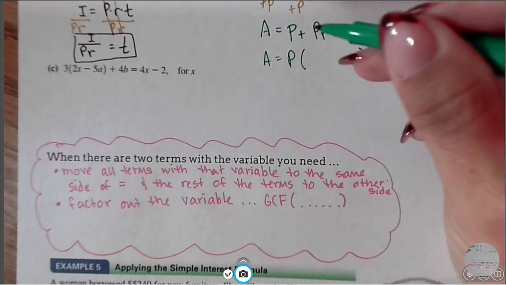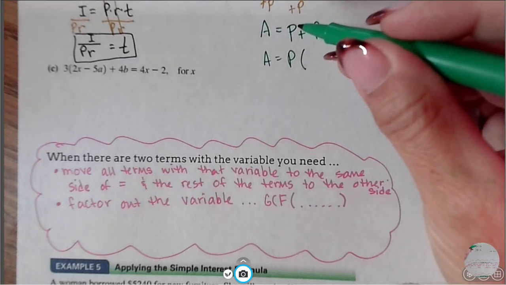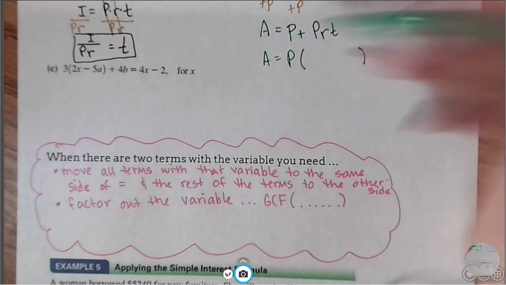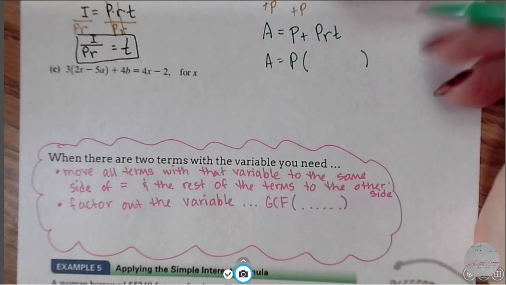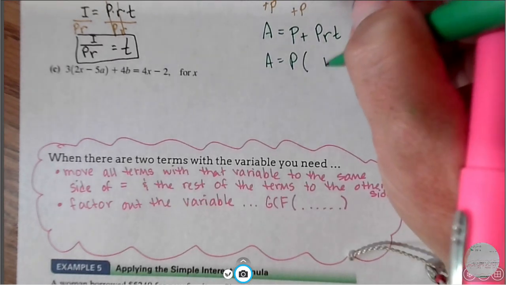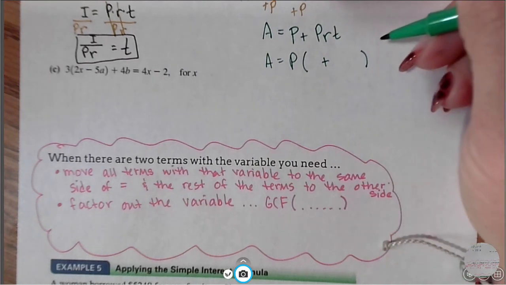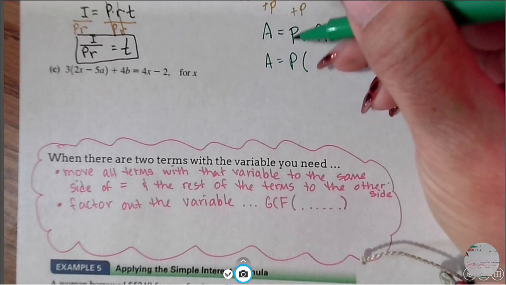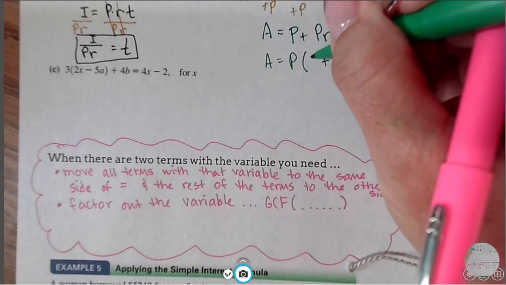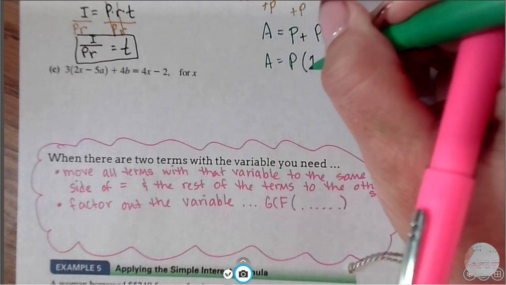If I factor out a letter P from the letter P, what do we have left in its place? It can't be empty. I have to have something there. Remember that factoring out is just like dividing. So basically, I'm going to do P divided by P, and that's going to leave a 1 in that spot.